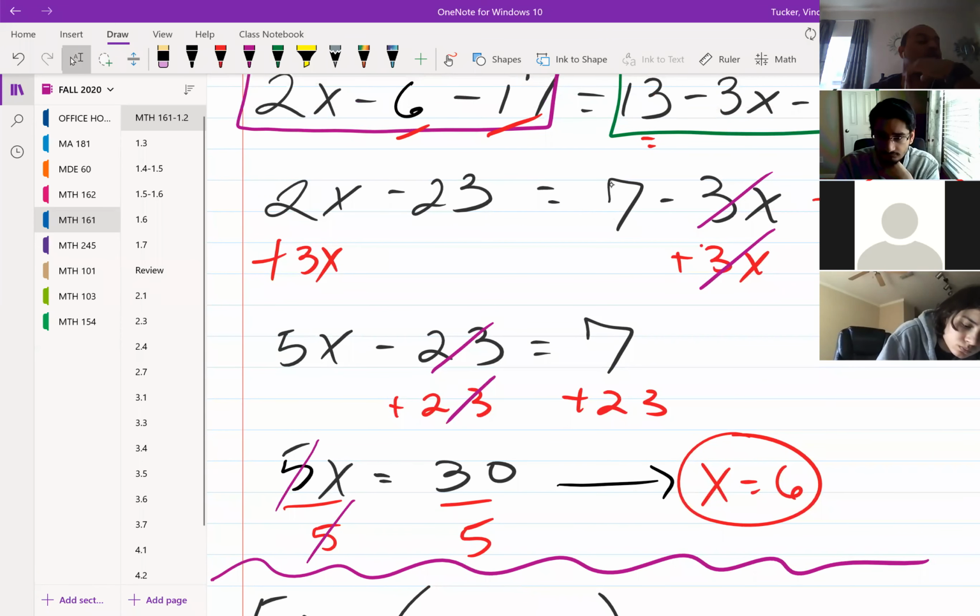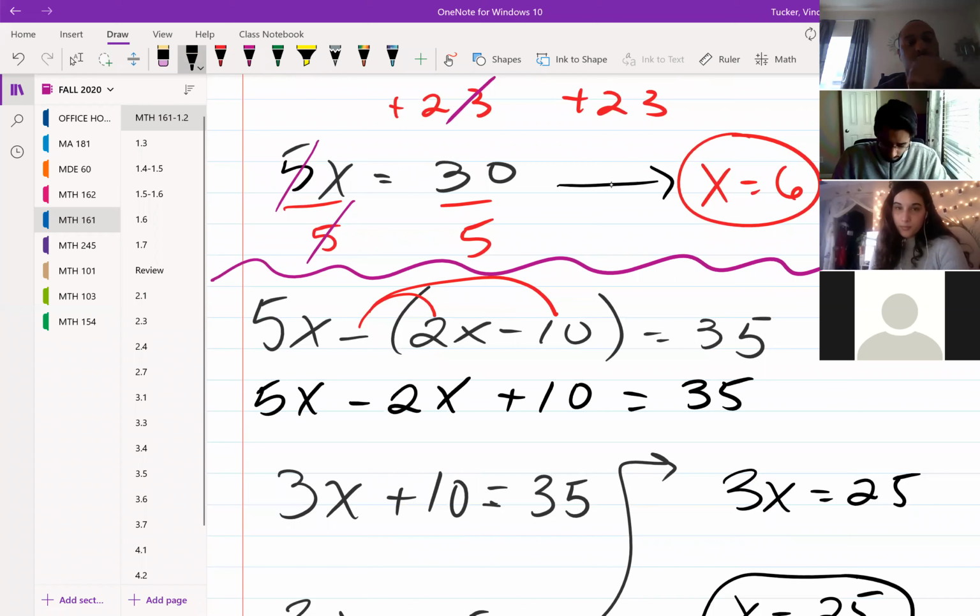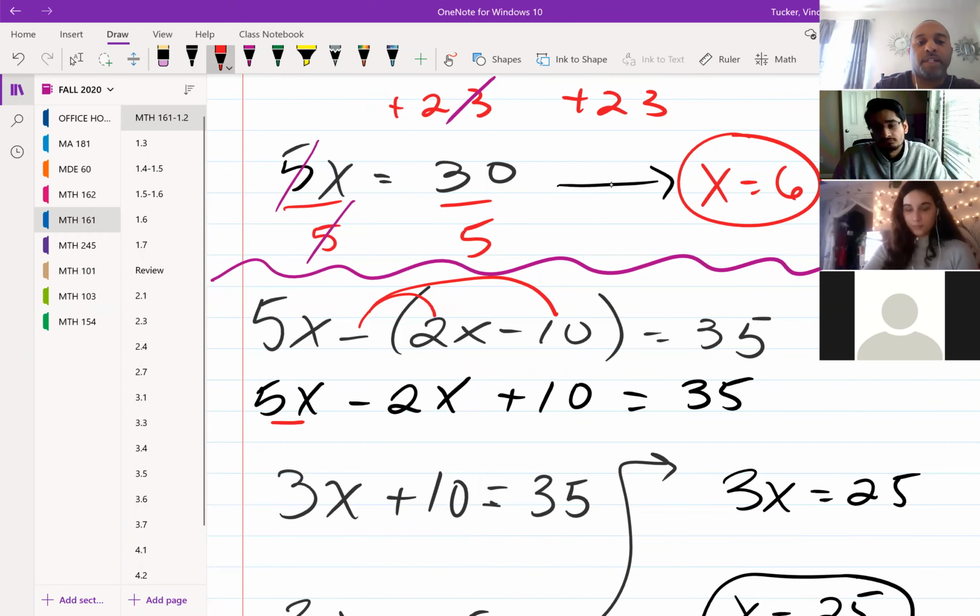So now we have 5x minus 2x plus 10 equal to 35. Combine your like terms. 5x minus 2x, they're on the same side of the equation, so we just go ahead and combine them, and that'll be 3x plus 10 equal to 35.